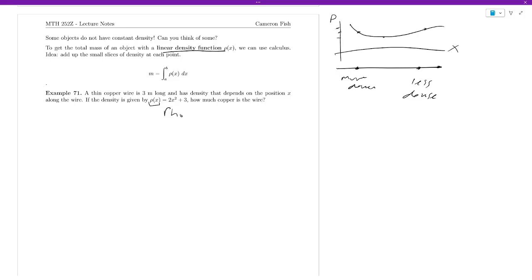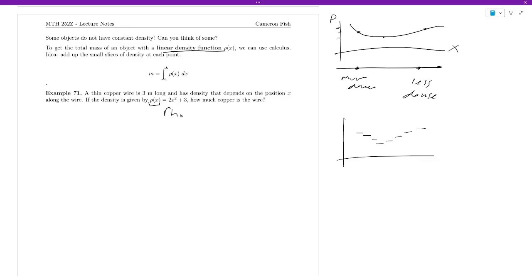If I have a situation like that, I can find the total mass, and it's really just the Riemann sum idea again, applied to this physics situation. I imagine that on a little piece of the wire, I pretend it's constantly dense. So I imagine approximating this rho curve that I was drawing by something like this.